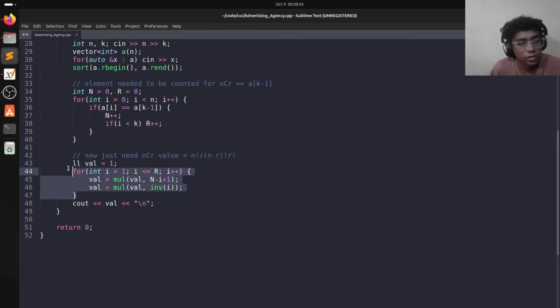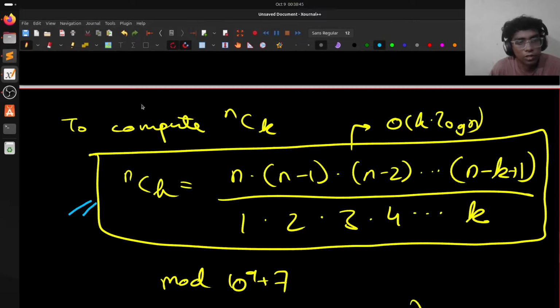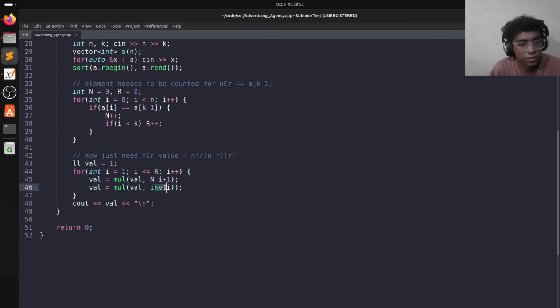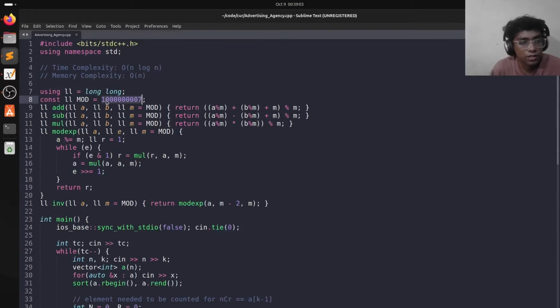So that's how we are multiplying by each term one by one, multiplying by this, then this, then this, dividing by this, then this, and doing it using the inverse modulo function, right? This is division, by the way. A value multiplied by the inverse of some number is equal to this value divided by this number under the given mod. The mod is already defined in these functions, as you can observe.